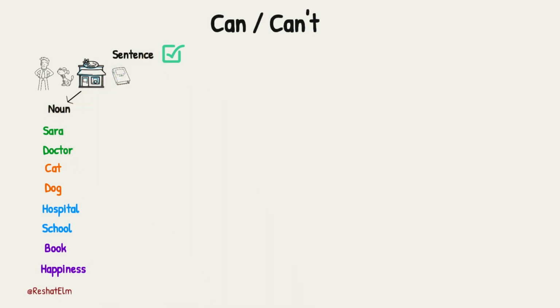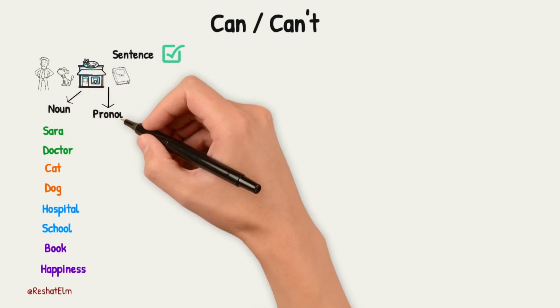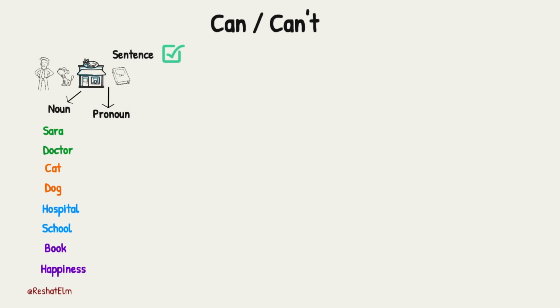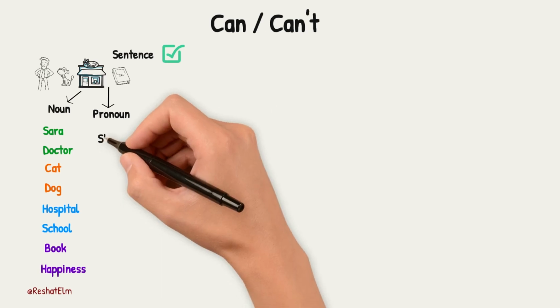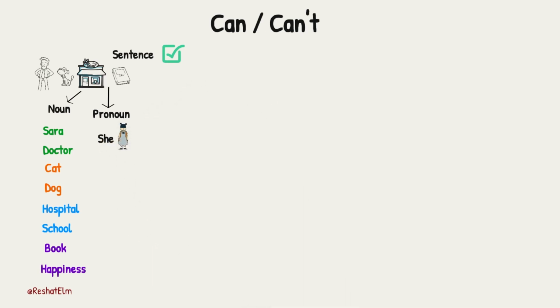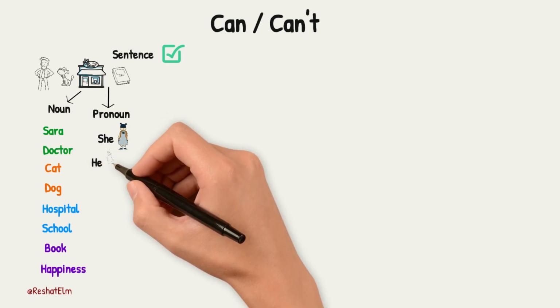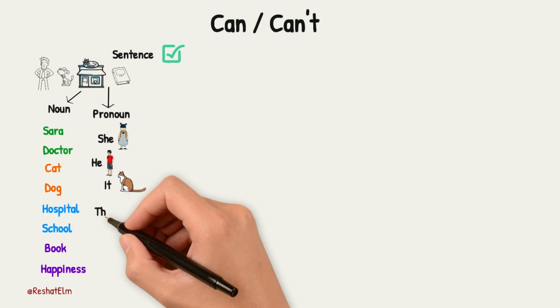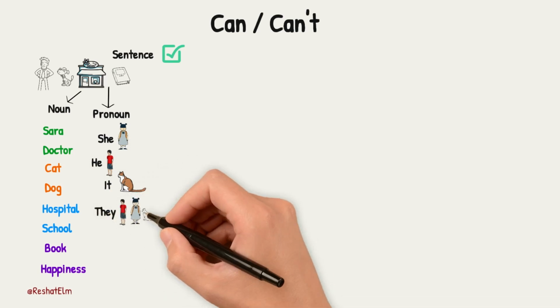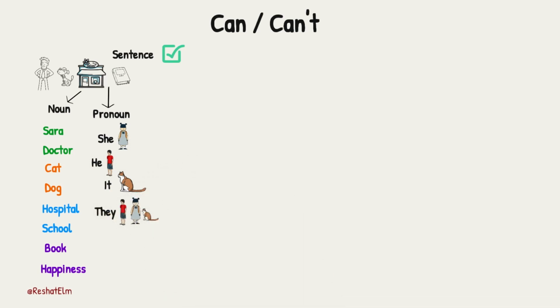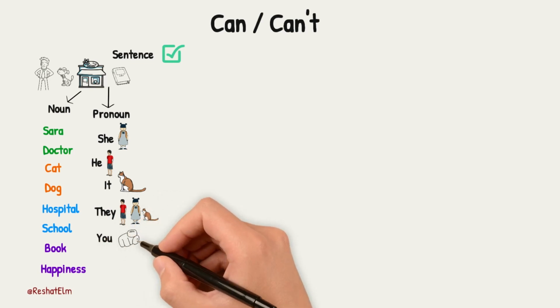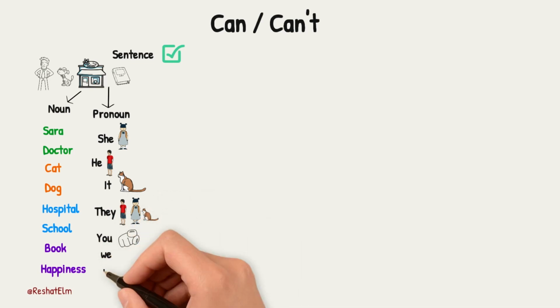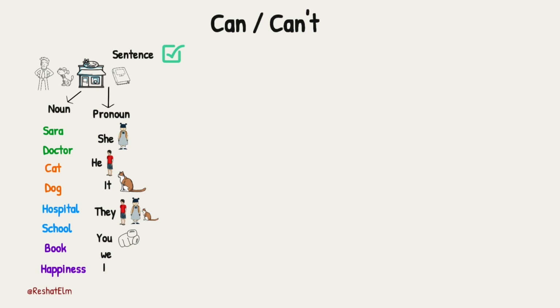The subject can be noun or pronoun. So, noun, for example, Sarah, Ali, doctors, dogs, schools, and books. Pronoun: she for a girl, he for a boy, it for animals or things, they for a group of people or a group of animals, you, we, I, followed by can.